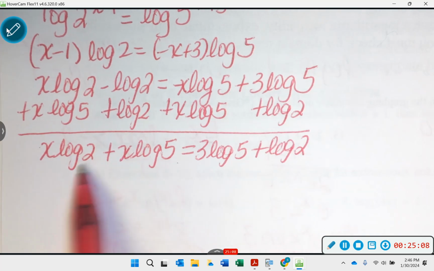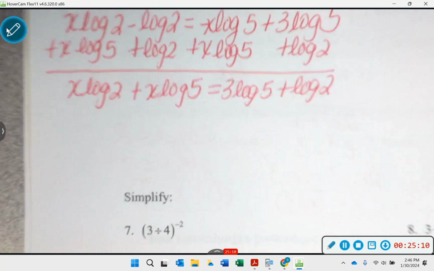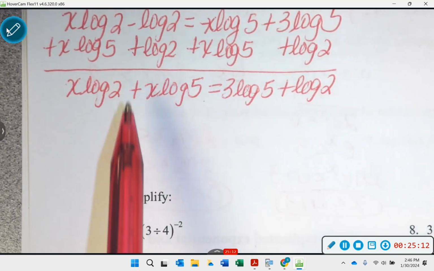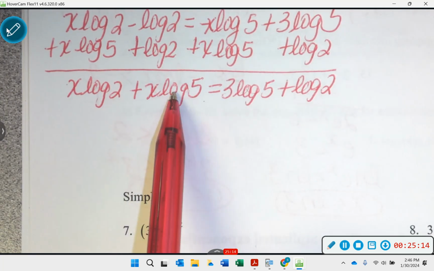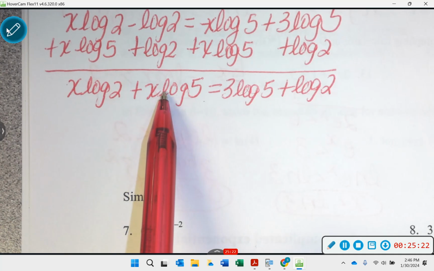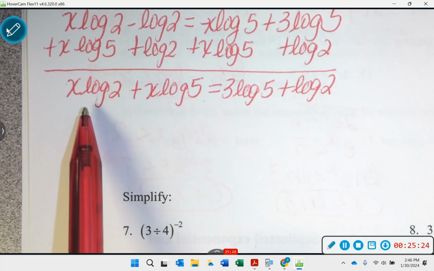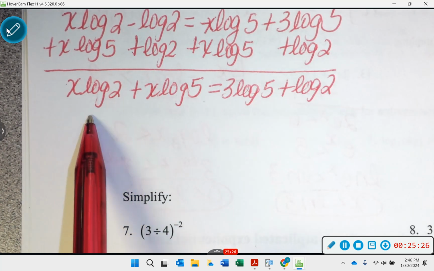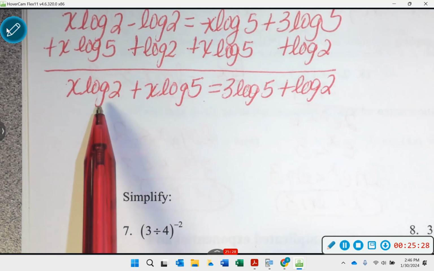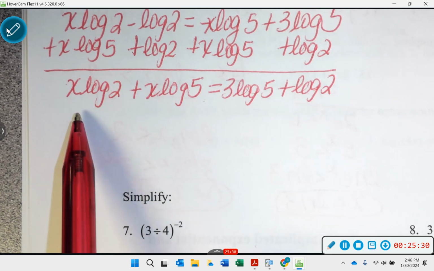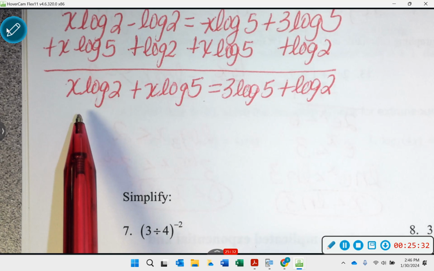Anybody know what to do with this now? I'm trying to get x by itself. I have an x in this and an x in that. What can I do with it to get one x and not two? I can't combine them. They're not like terms.